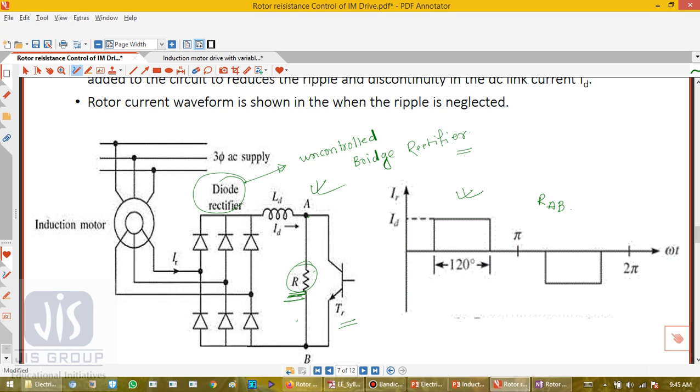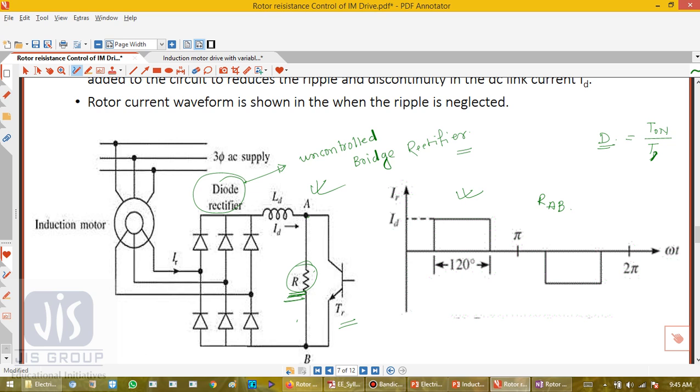This varies by varying the duty cycle D, that is T on by total time T on by T. This is my duty cycle.